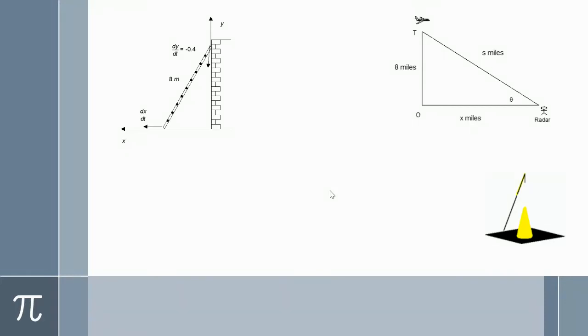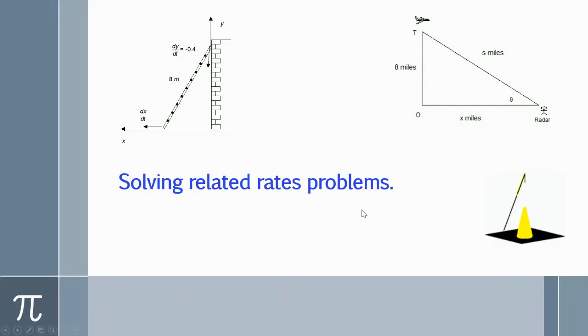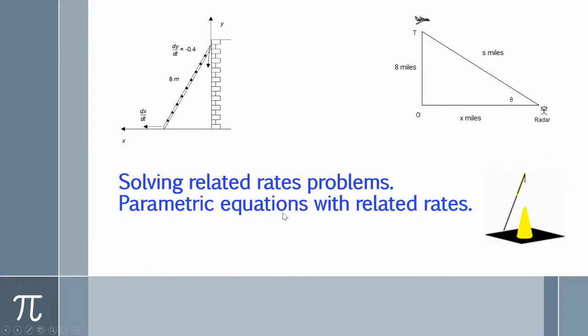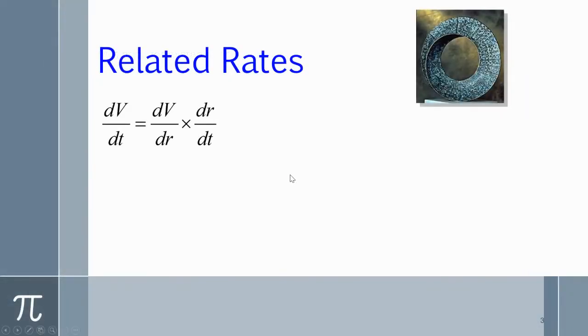We'll look at some numerical examples with related rates problems now, and also how parametric equations can be used with related rates. We look at animations, so we understand that when area changes, radius changes, or when the height changes, the volume changes, and so on.